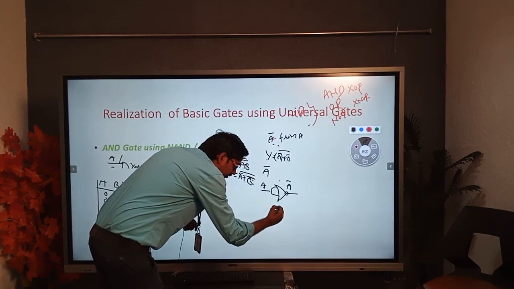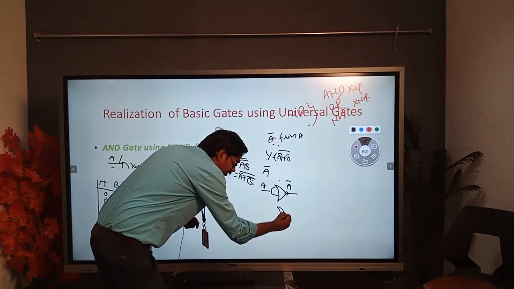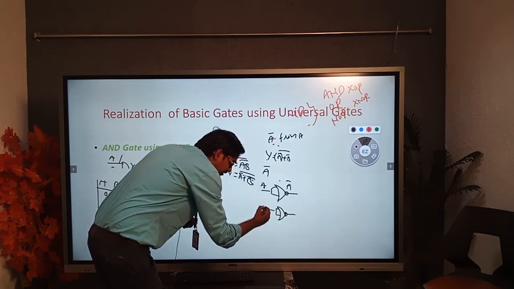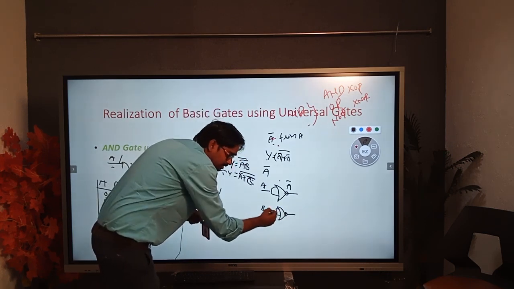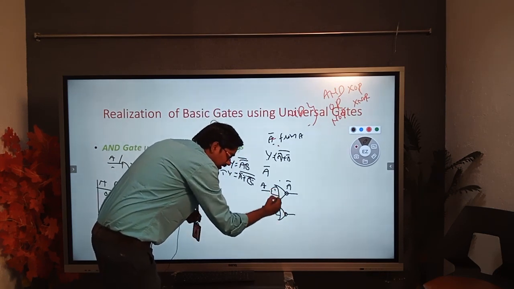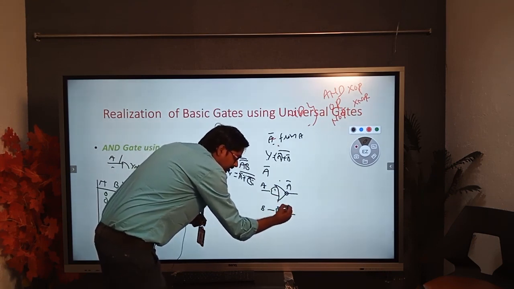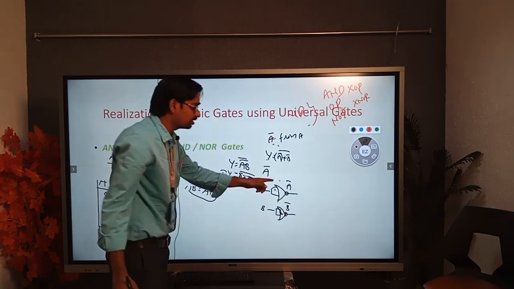Again we need to get B bar from B. So B bar is a common input to the second NOR gate. So we'll get B bar. So A bar, B bar.